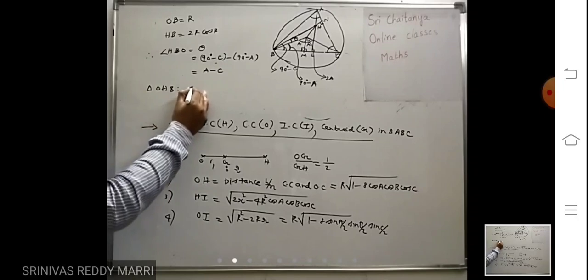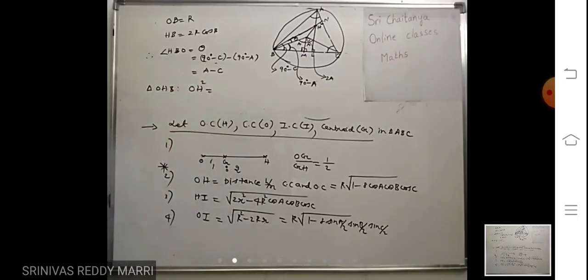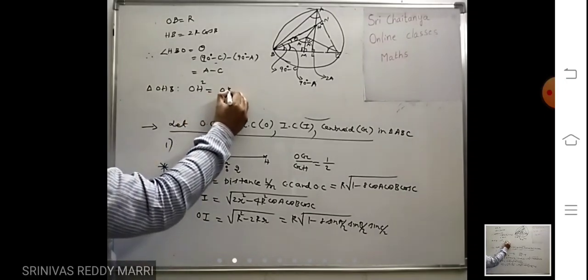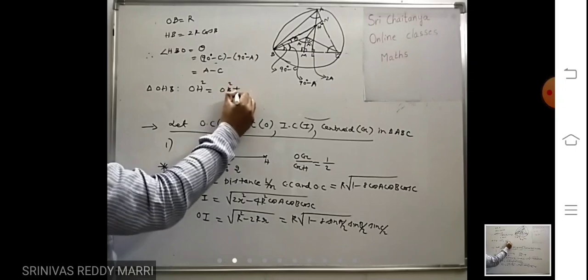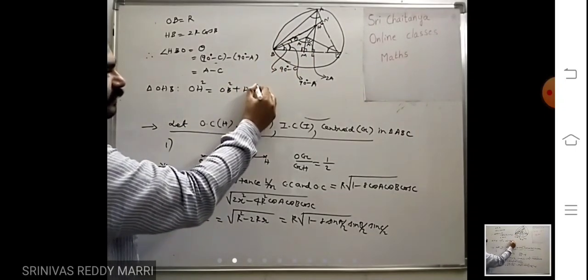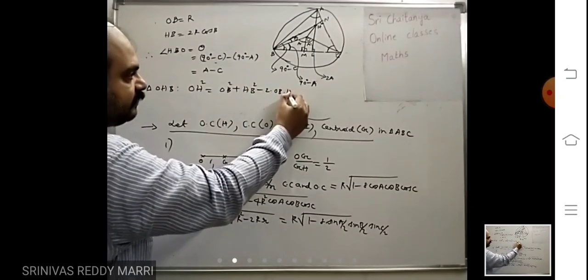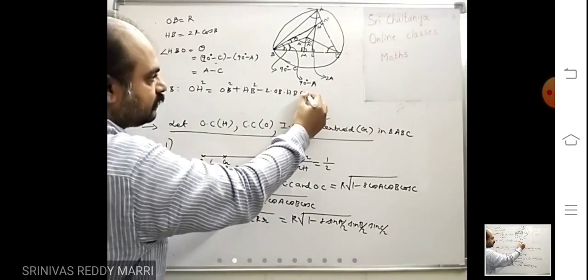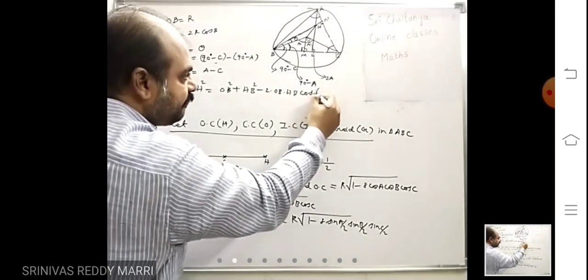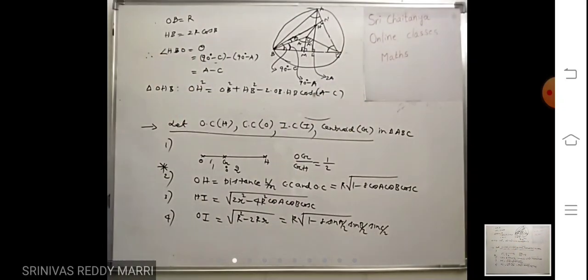According to the cosine rule, OH square equals OB square plus HB square minus 2 into OB into HB into cos theta. That is cos of A minus C, the angle between them.